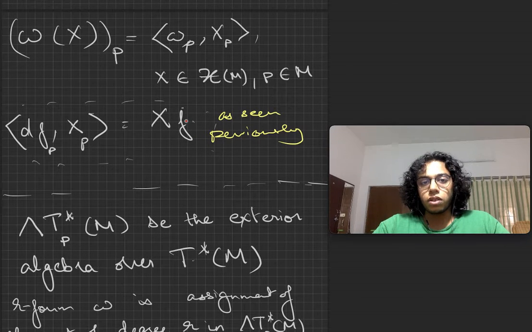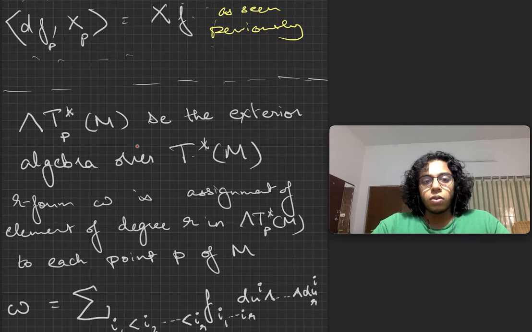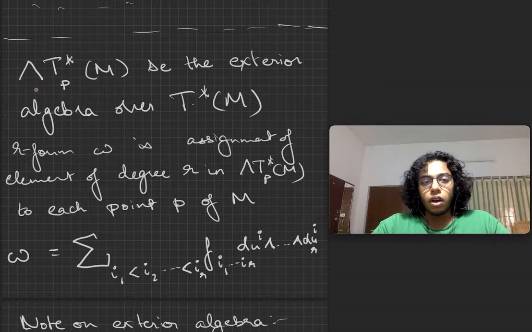So as you can see, now if lambda, this lambda-looking character, is called the wedge.